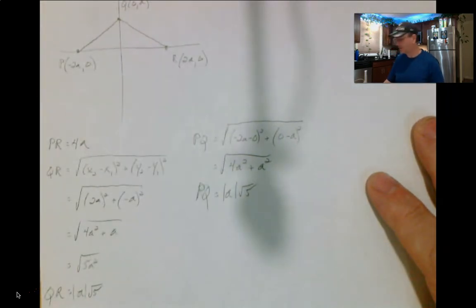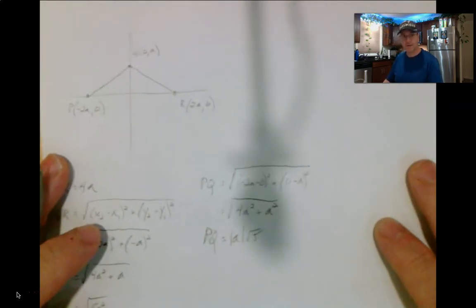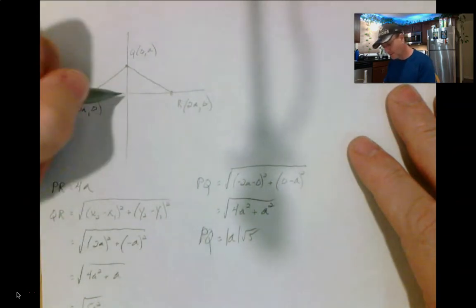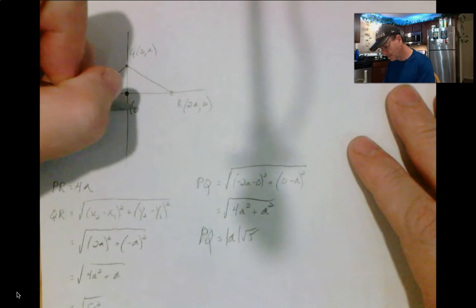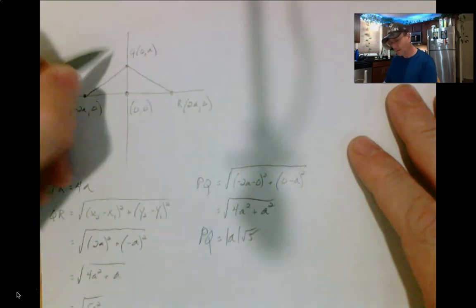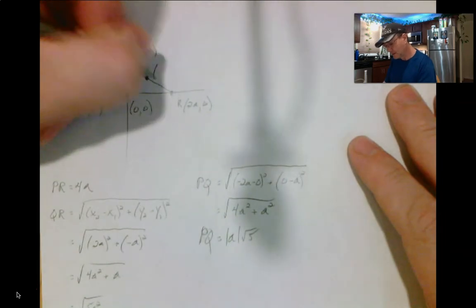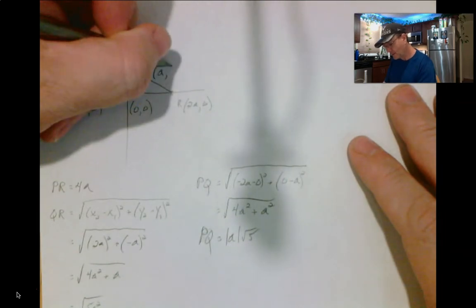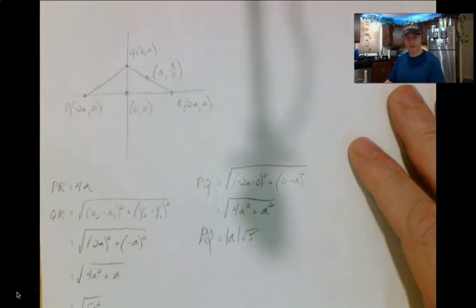PQ's length. Okay, we also have to find the midpoints of each side. That's actually easier to do. We can come right up here. Well, midpoint of PR is easy. It's the origin, 0, 0. Midpoint of QR is going to be a comma a over 2, having a fraction.